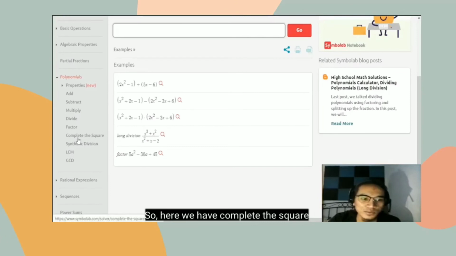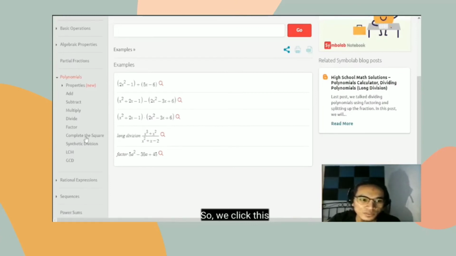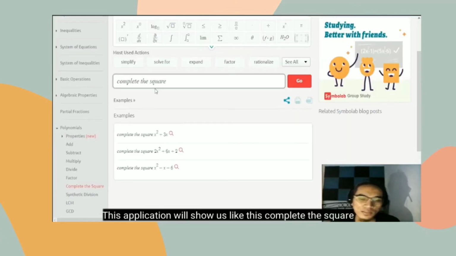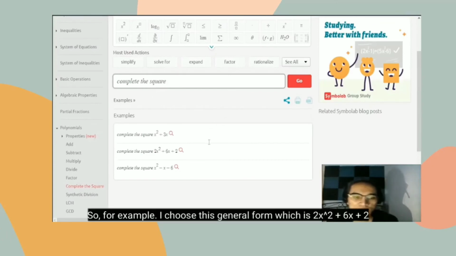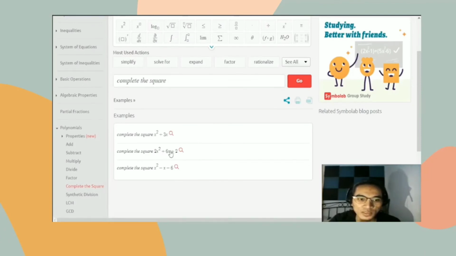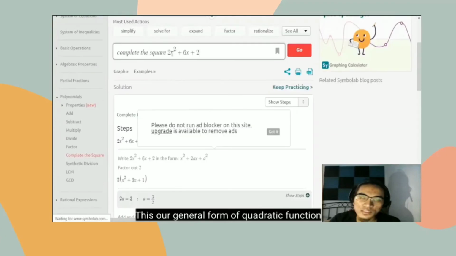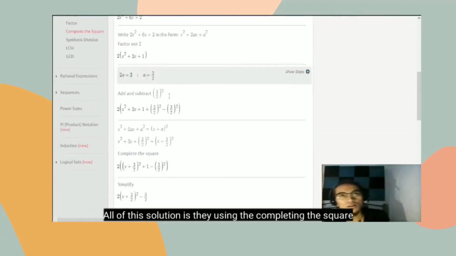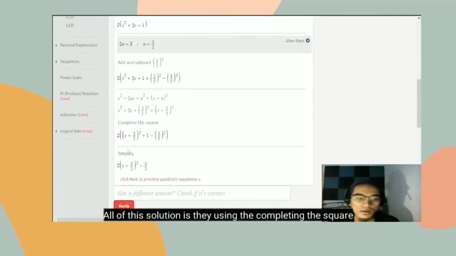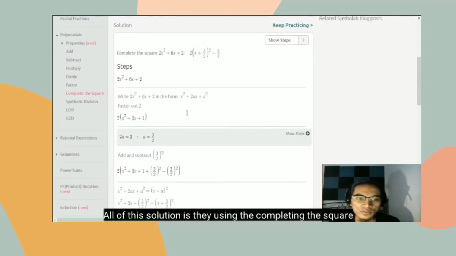To convert general form to standard form, we need to use completing the square. So here we have complete the square, and this application will show us like this. For example, I choose this general form, which is 2x squared plus 6x plus 2, our general form of quadratic functions. The solution then uses completing the square.